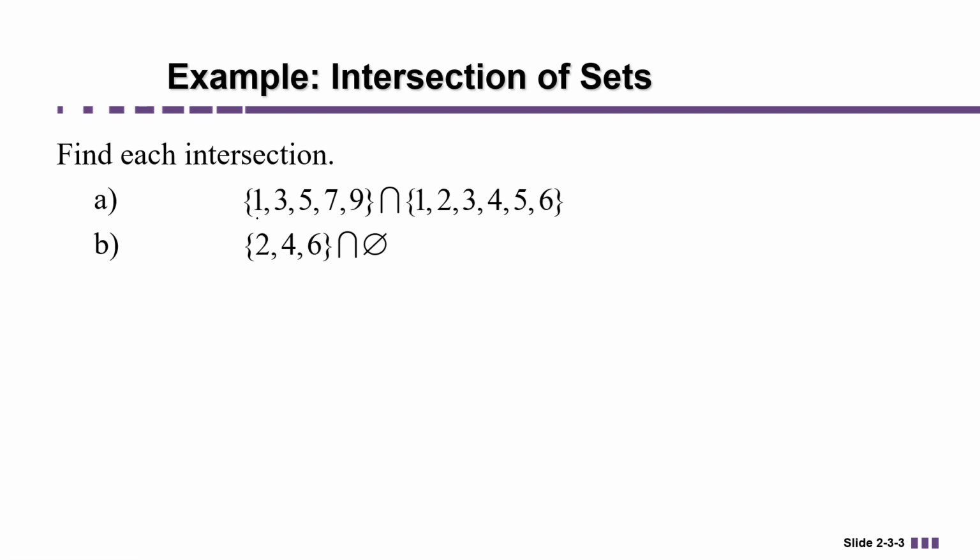So I'm going to go through each of the elements in the first set and see if they're in the second set. So 1 is in both sets. 3 is in both sets. 5 is in both sets. 7 is not, and 9 is not. So the intersection of these two sets, what they have in common, is 1, 3, and 5.